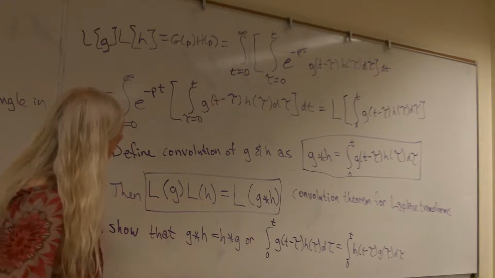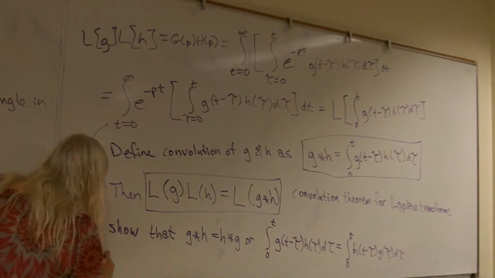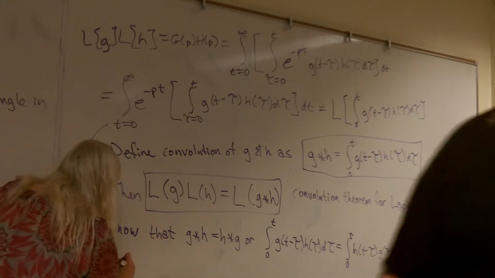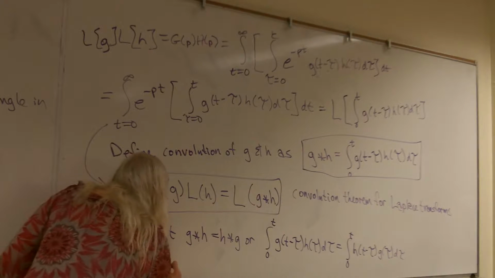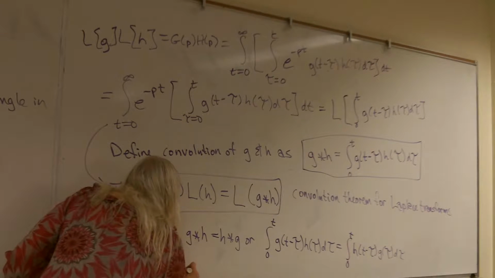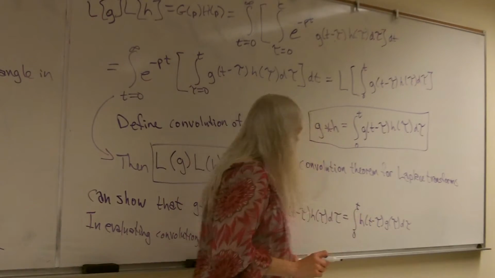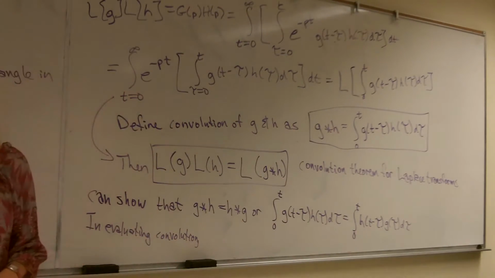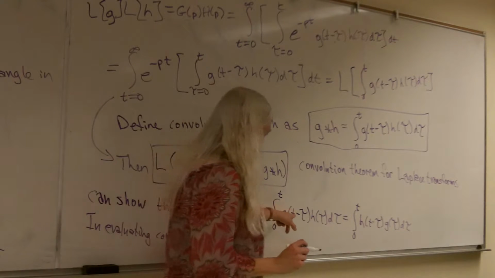So if you're trying to evaluate a convolution of these two functions, since we know these two integrals are equal, we want to do whichever integral is going to be easier to do. And so notice the difference between them, right?